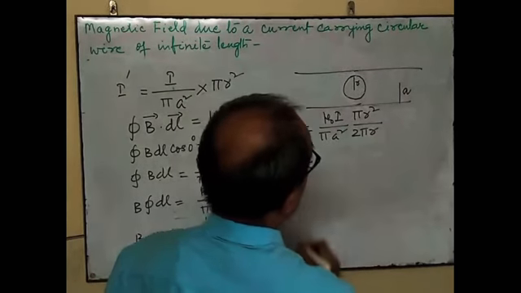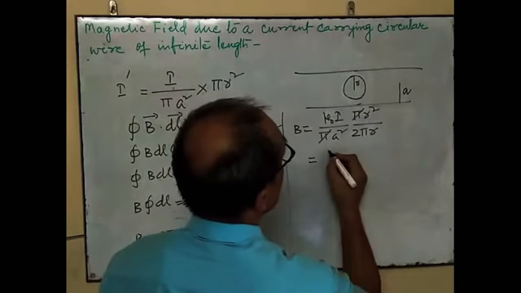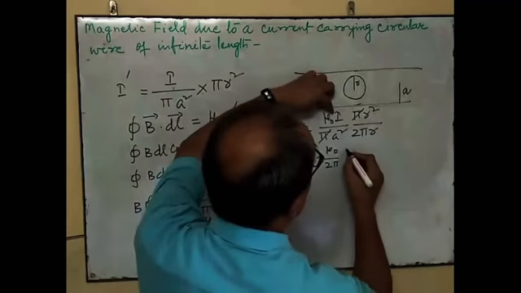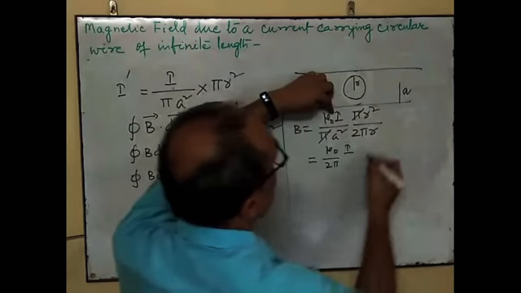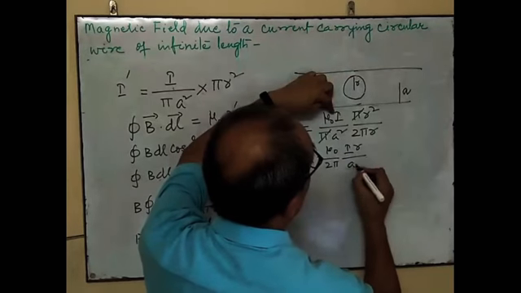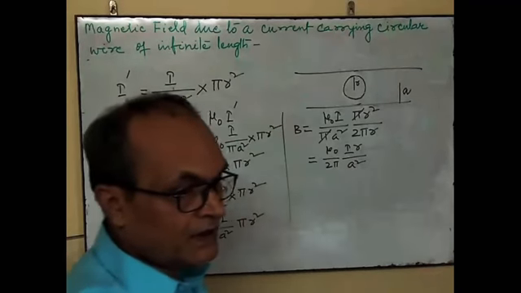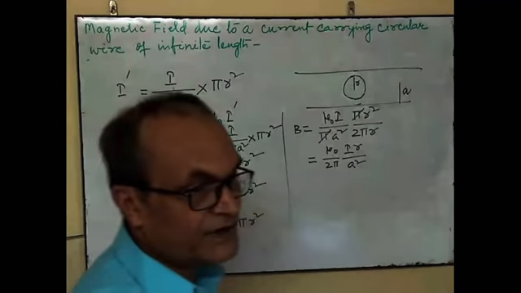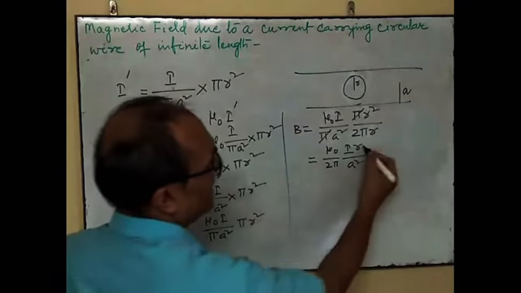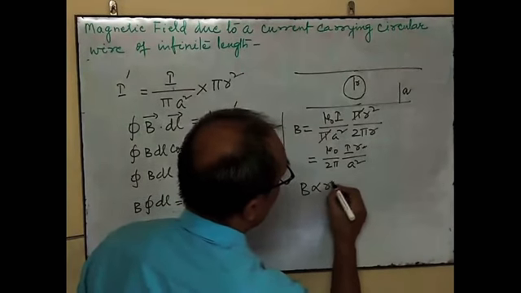Now after cancellation, the pi is cancelled, one r is cancelled, then it is mu naught by 2 pi, I, and only r by a square. This is the value of the magnetic field intensity inside the wire. So we can say only r is variable, so B varies as r.